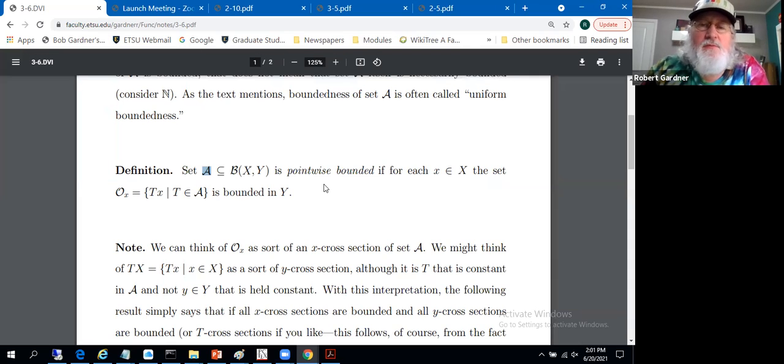So this may not necessarily imply boundedness, it's this pointwise boundedness.